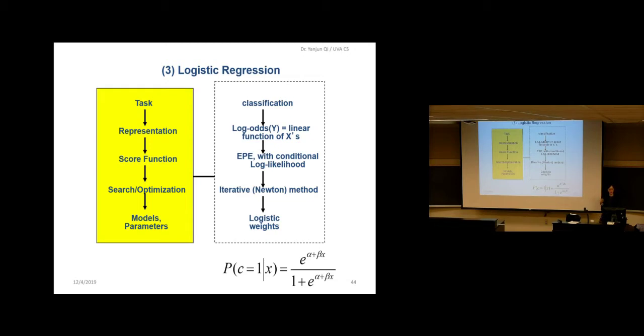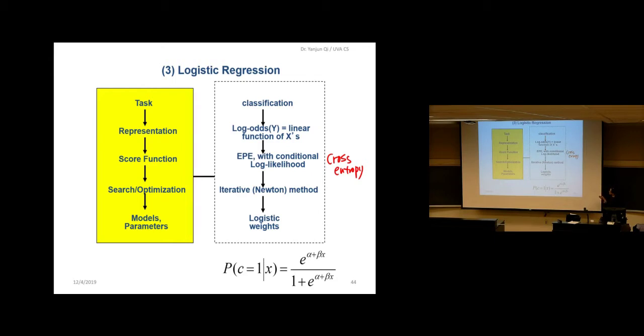That's a different way to talk about the same thing. And the scoring function is the conditional likelihood. In this specific case, because it's a Bernoulli variable, it is actually just the cross entropy, or people call that the negative conditional log likelihood.